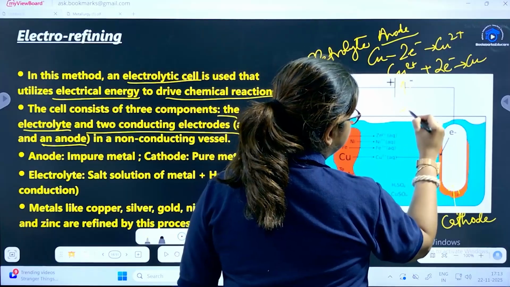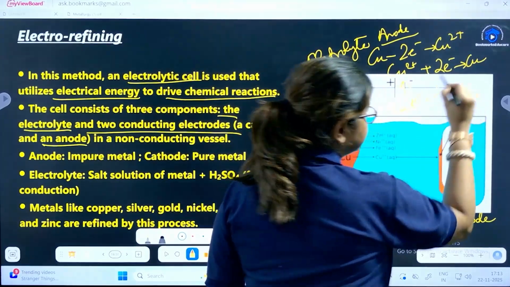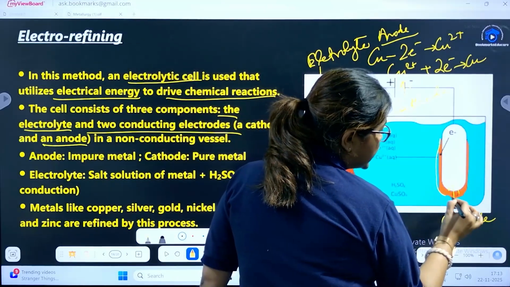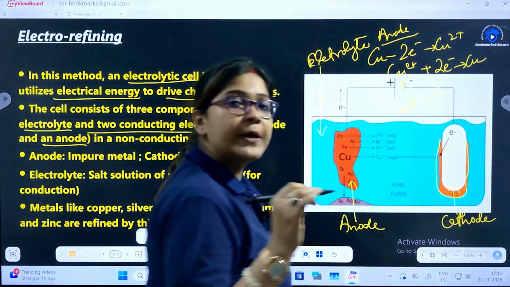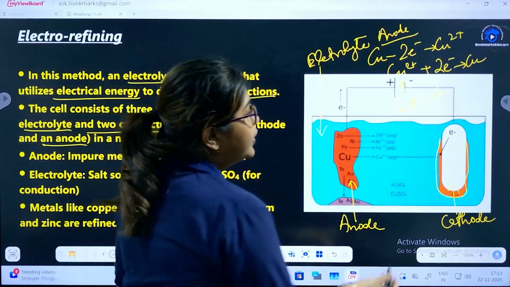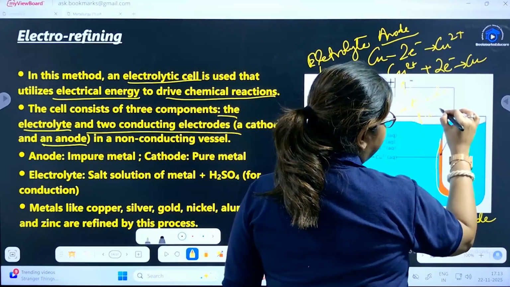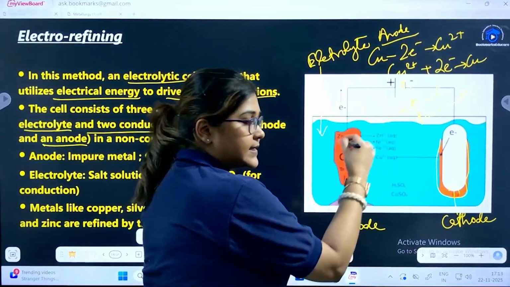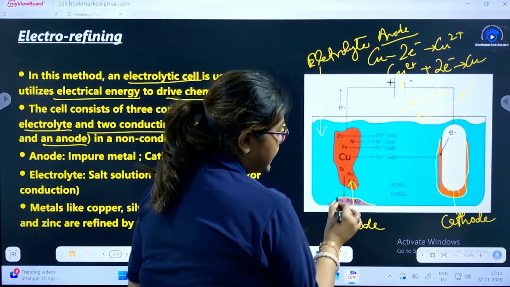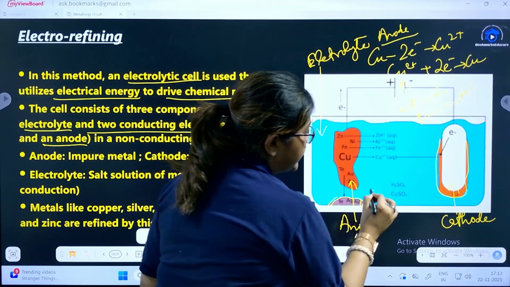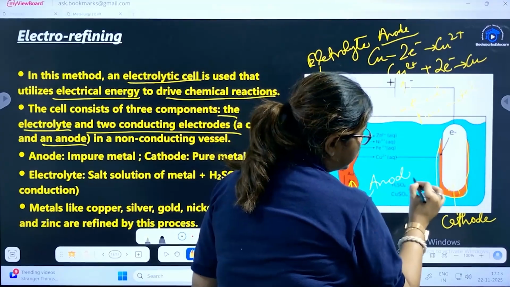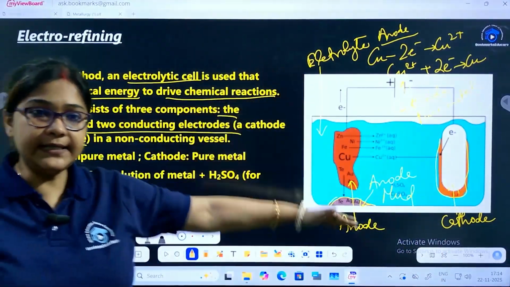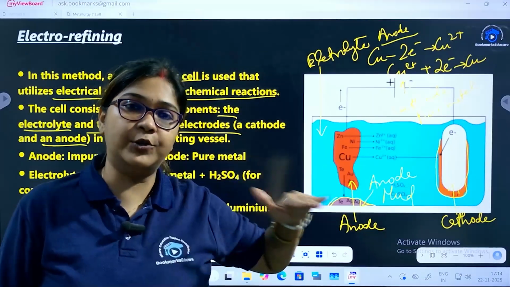At the cathode you see deposition of pure copper, so pure metal is being collected at the cathode, and the impurities settle down at the bottom as anode mud.